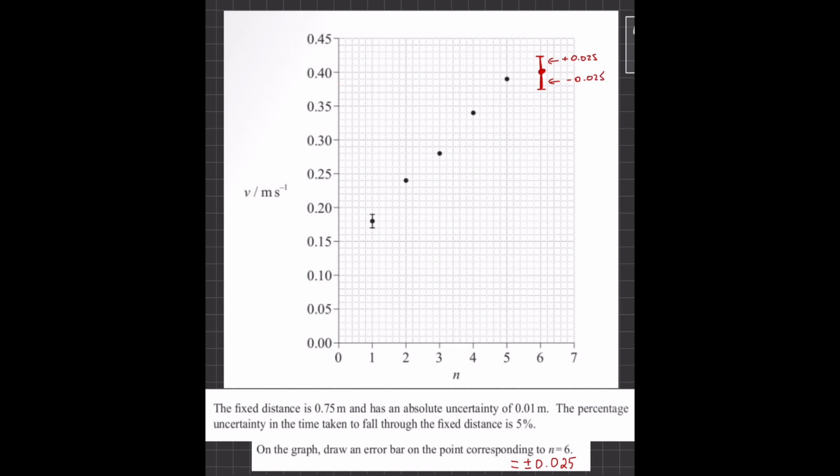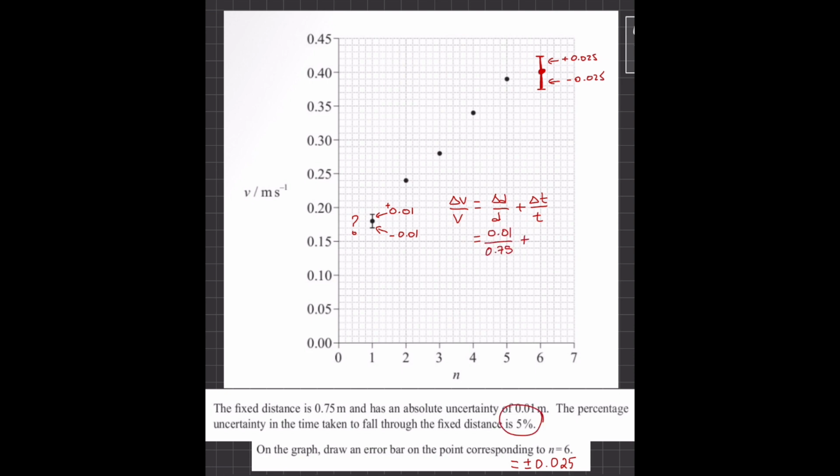Okay, now we know that, as I said, we have 5 divisions, 0.05, so each box is 0.01, which means that the uncertainty here is plus 0.01 and minus 0.01. How did we find this? Yeah, that's the formula, correct? And the distance, they said that the distance is fixed. It's 0.75, and uncertainty is 0.01.